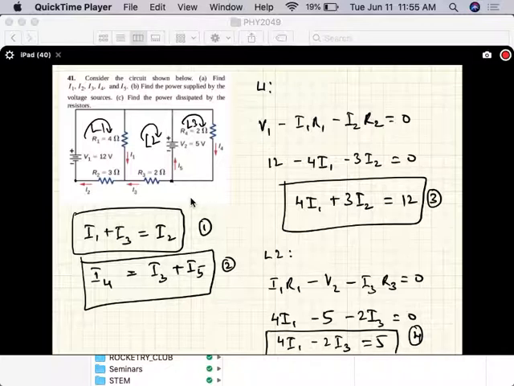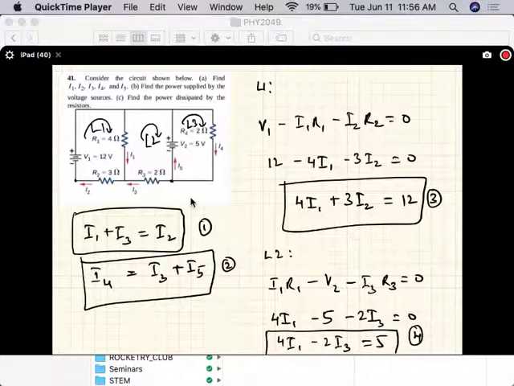All right, so here's the deal. See, this involves I1, I2, and I3, I1 and I2, and I1 and I3. So we have three equations and three unknowns. We'll solve for that. We'll get I3, and then from there we'll get I5. So we have a subset of three equations and three unknowns. So that's a simpler problem.